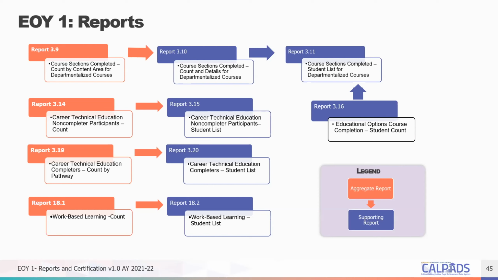And then of those courses, how many of those courses were education options courses like AVID or independent study, right? That's report 3.16. That also will drill down into 3.11. So it kind of shows you the relationships, this legend.